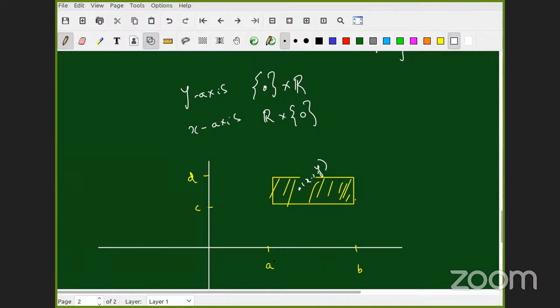Now I know X varies along the x-axis. So X belongs to my set A. Where does Y belong? It should be my set B. X can vary only horizontally. So X varies from where to where? It should vary from A to B. So have you identified the set capital A now?